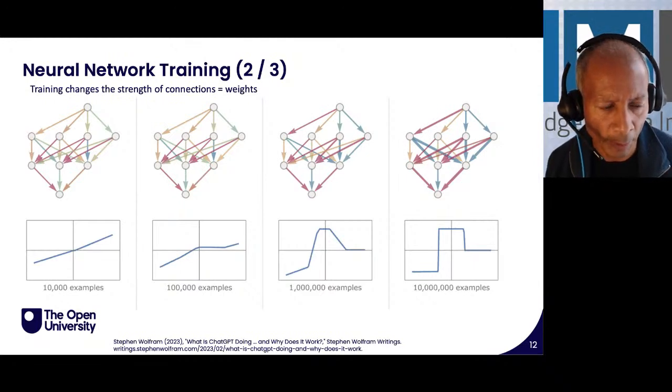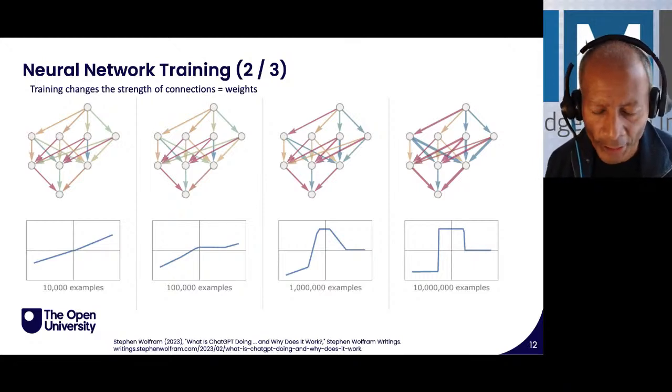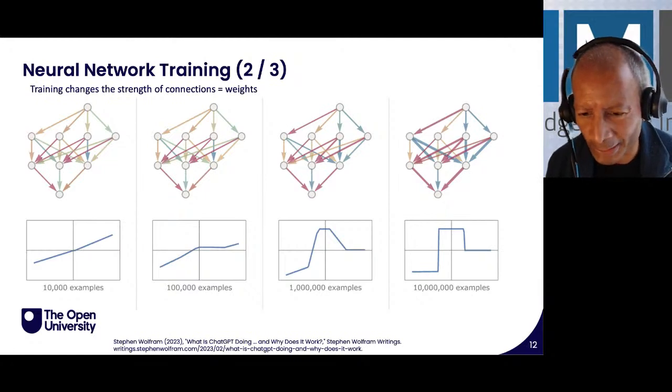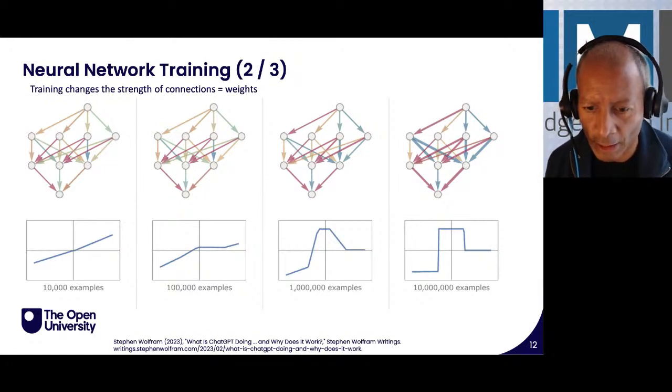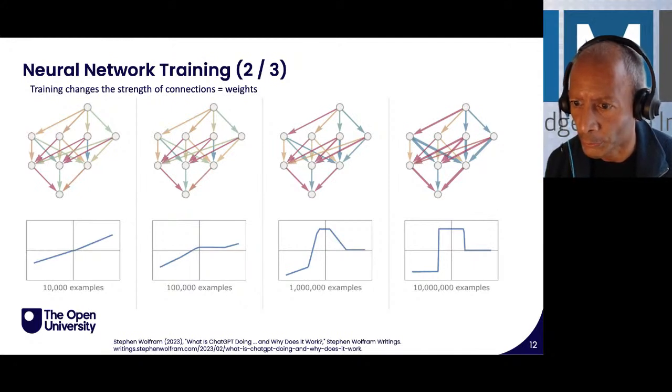And you can see along the bottom how the weights change and how the drawing after 10,000 examples is not so good. After 100,000 examples, you begin to see glimpses of something. After 1 million, it's a bit better, but not perfect. After 10 million, it looks pretty good. And then you can see the neural network above, the strength of the weights has changed.